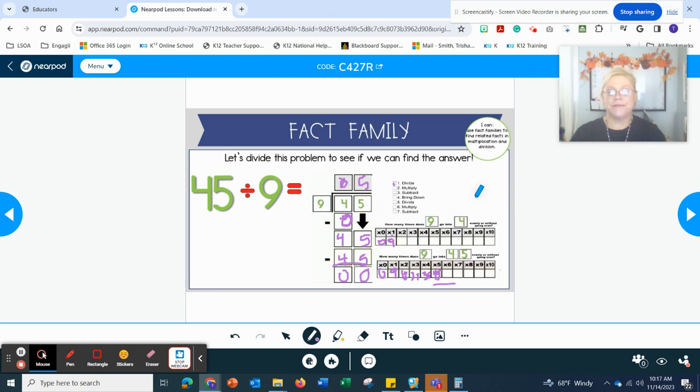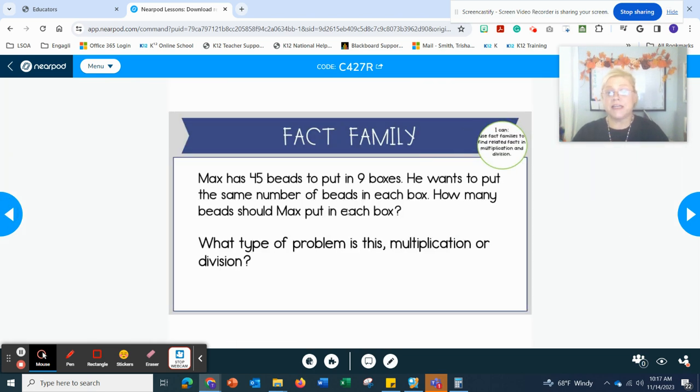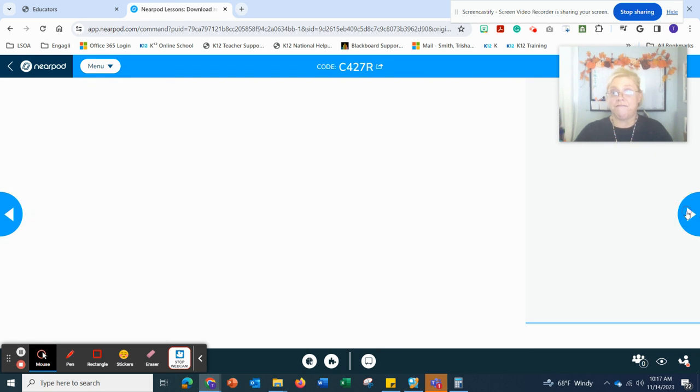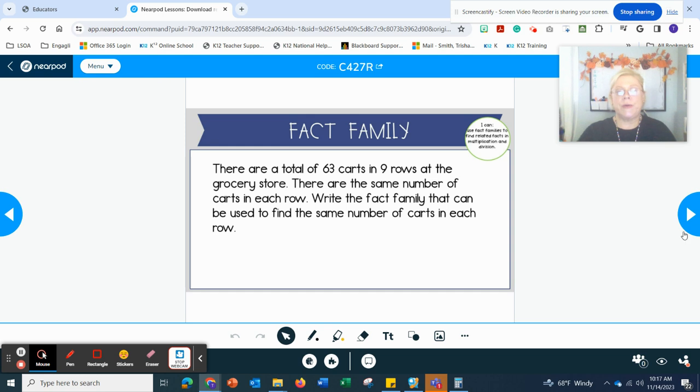Here we go. All right. So 45 divided by 9 equals 5. How many beads does he put in each box? 5.